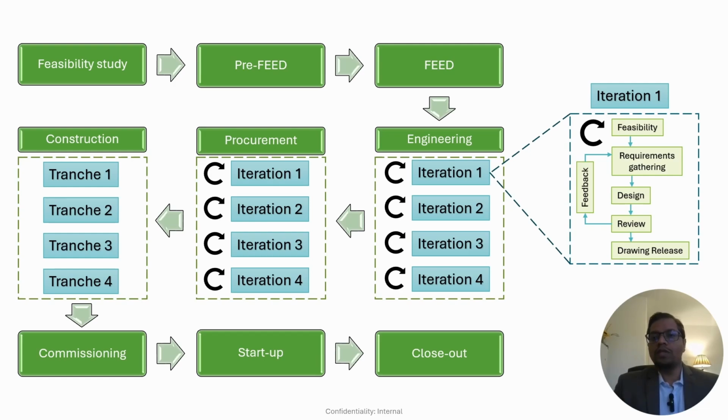The engineering can have a number of iterations within that phase, and in each iteration we can see the detailed stages where feasibility is checked, requirements gathered, designs are done, then a review happens, we receive the customer's feedback to update the requirements again, and finally updated drawings are released in multiple iterations.